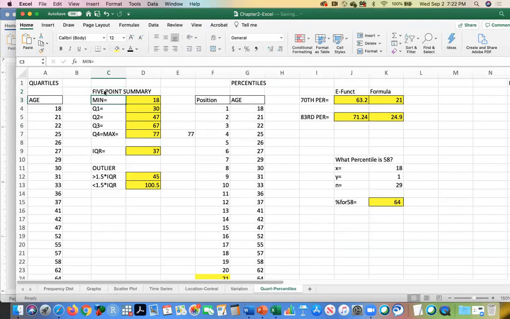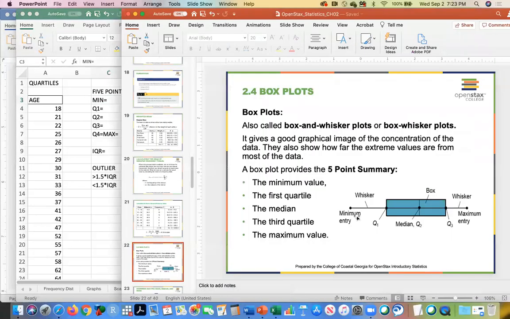If you want some quick information on your data, you can identify the beginning, the end, and the data in the middle. That is very helpful. We also said that we can do this box plot, which is called the box and whiskers.